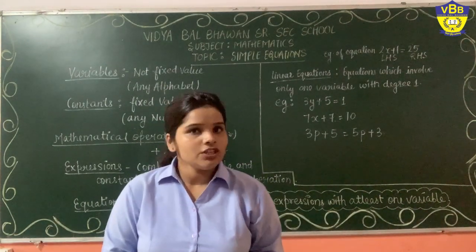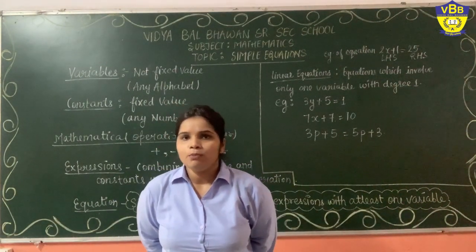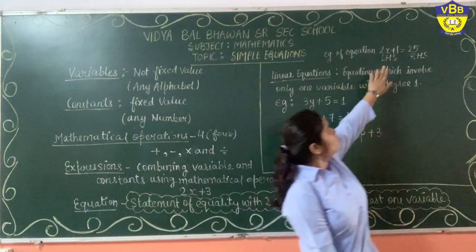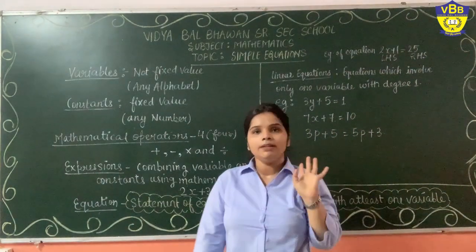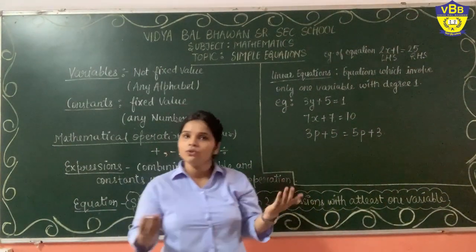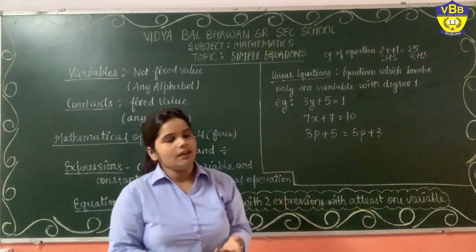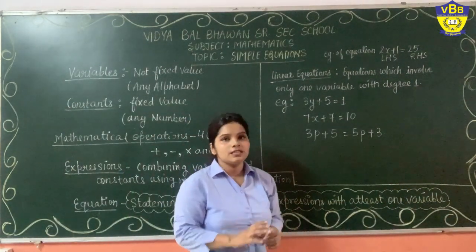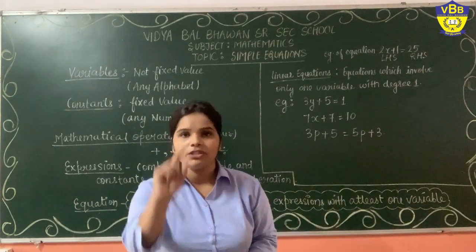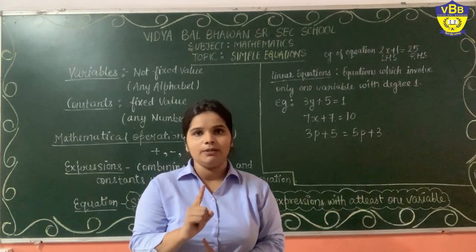Now just suppose, is it necessary that every equation will only have one variable? It can have 2 variables, or it can have 3, 4, many variables. So in this session, we are only talking about equations having only one variable.